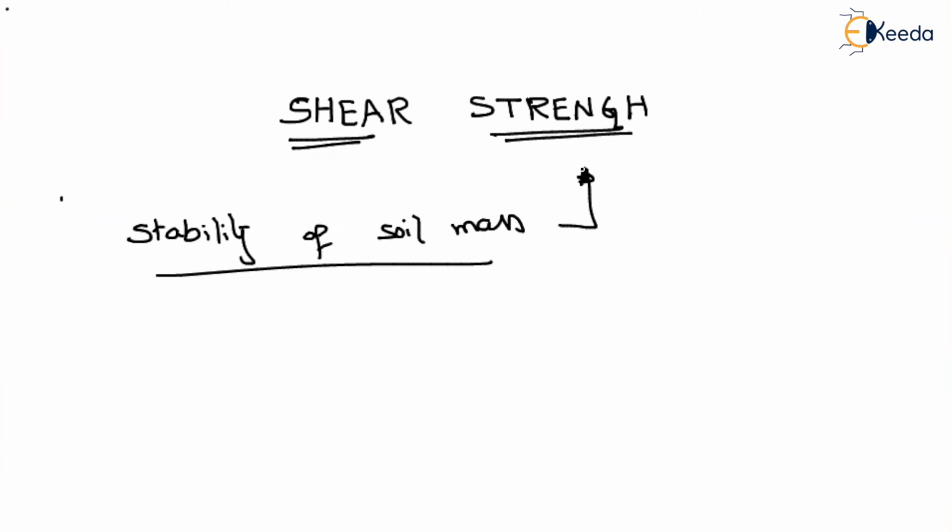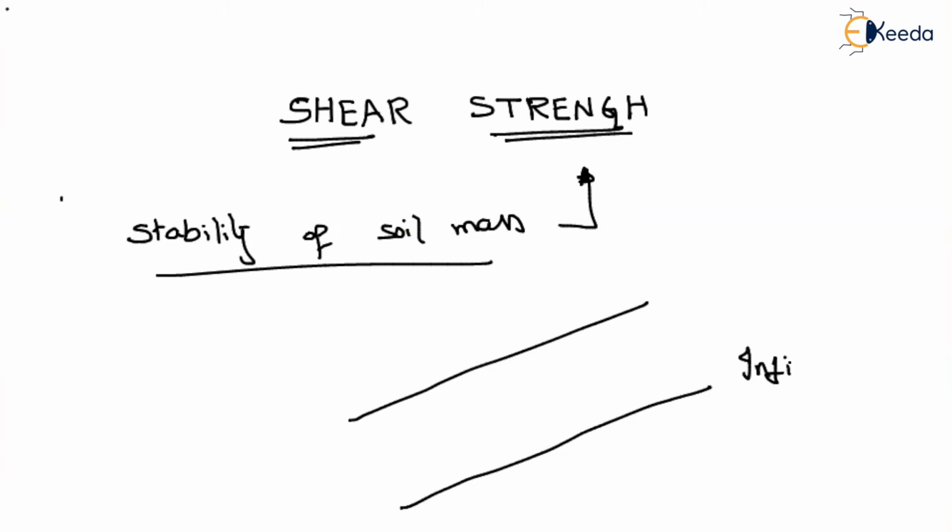Let us consider an example. Suppose we are talking about a slope, let us say an infinite slope, which we are going to discuss in foundation engineering. In infinite slopes, we should be able to study whether failure will occur or not. Practically, in summer days you won't see in the news that many landslides happen, but in the rainy season you hear that landslides are occurring more.